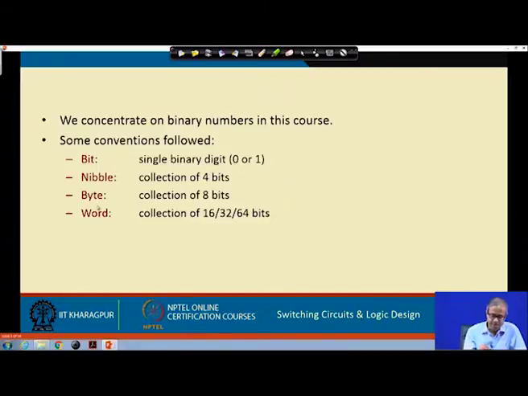The next higher thing we call a word, but of course, the definition of word is not well defined. Depending on the context, 16 bits, 32 bits or 64 bits can be considered a word, but the definitions of bit, nibble and byte are well defined. It is 1, 4 and 8 bits.